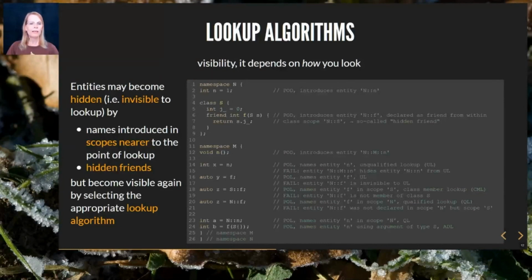Or in the case that you need ADL, argument-dependent lookup, to find an entity, the so-called hidden friends. These hidden friends are friend functions that are declared in the class body, but are not part of the class, and are technically living in the namespace that surrounds the class.